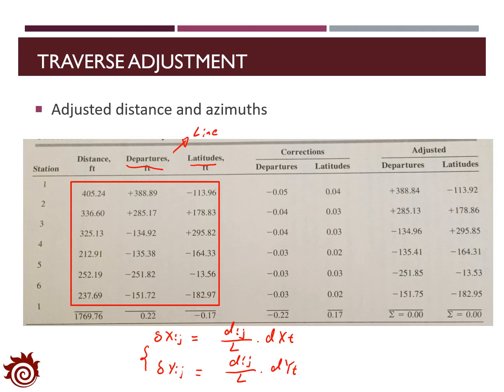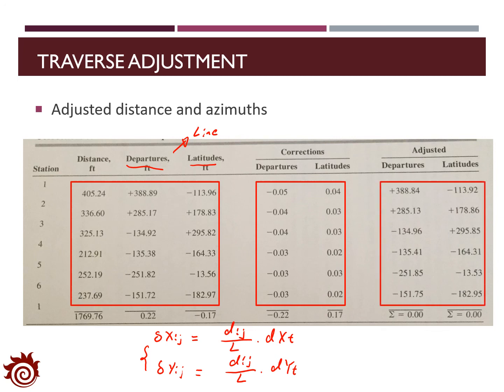With these two equations below, we can find out the departure and latitude corrections. And then by adding the original departure with the correction, we can find out the adjusted departure and the latitudes.